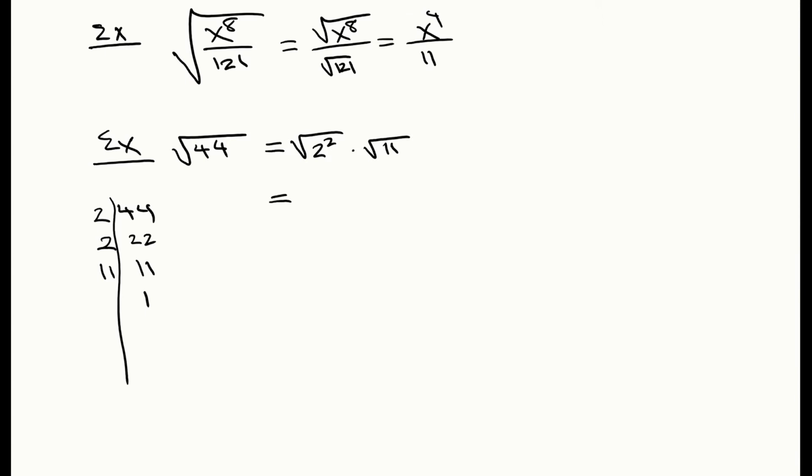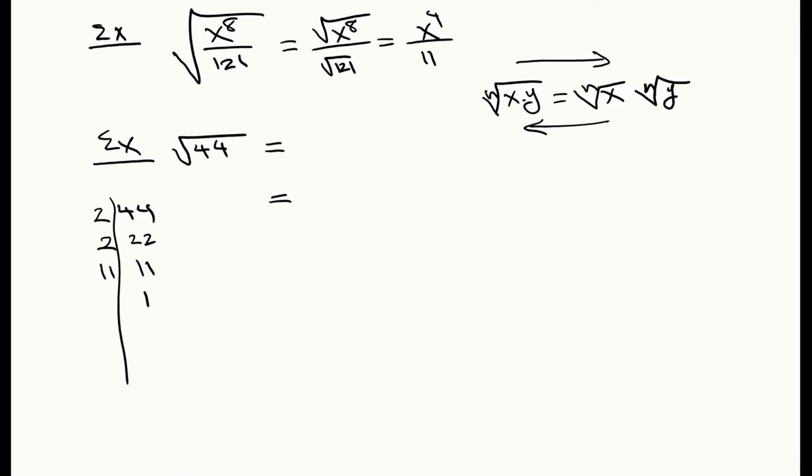And here we just applied the rule: the nth root of x times y equals the nth root of x times the nth root of y. Notice that you should be comfortable using this rule in this direction or in the opposite direction. In this case, just to show you the exact details, let me go ahead and rewrite this in this way.